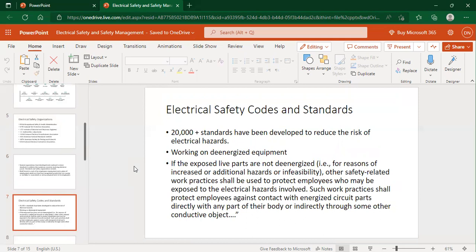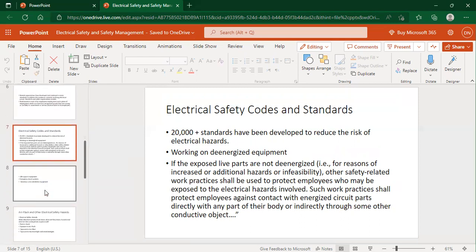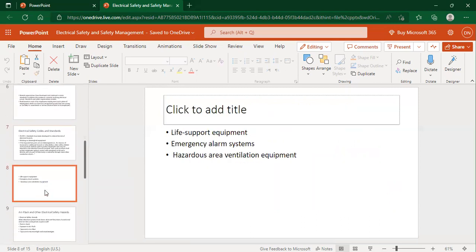Such work practices shall protect employees against contact with energized circuit parts directly with any part of their body or indirectly through some other conductive object. Life support equipment, emergency alarm systems, hazardous area ventilation equipment. These were a few methods followed by electrical persons who have top-notch skills.